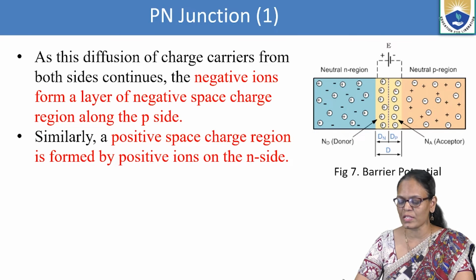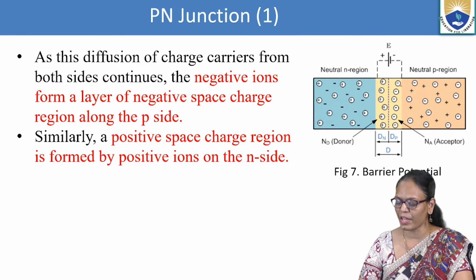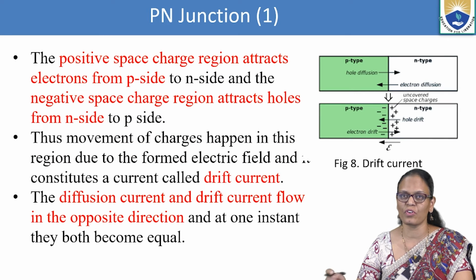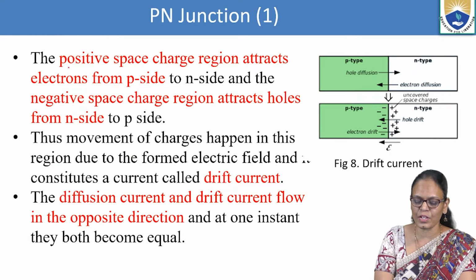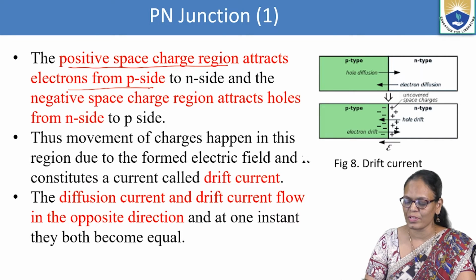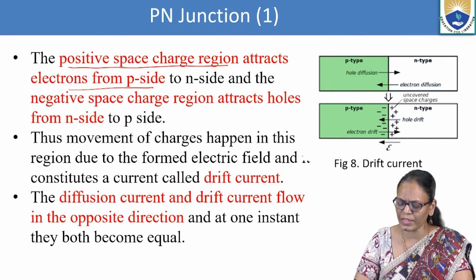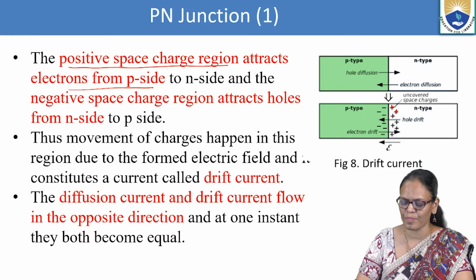Because of this, there will be drift of the charges. The positive charge region will attract electrons from the p side. Here on the n side we have the positive charge.